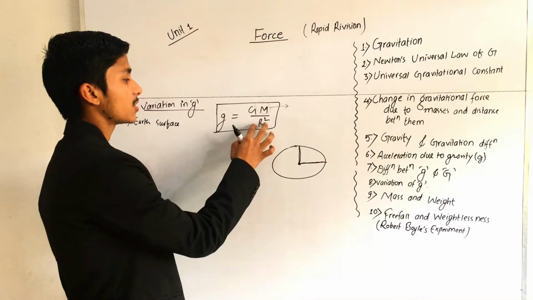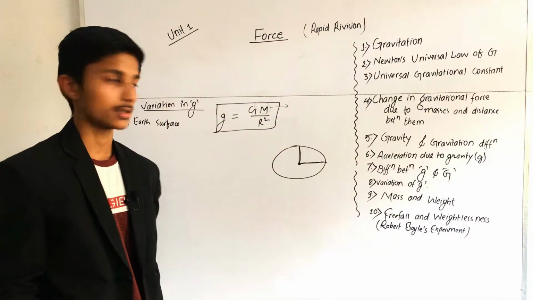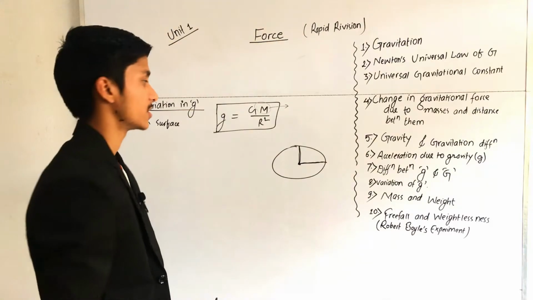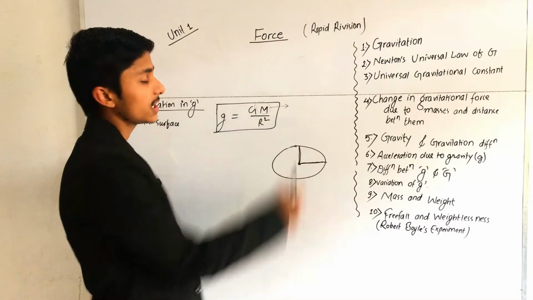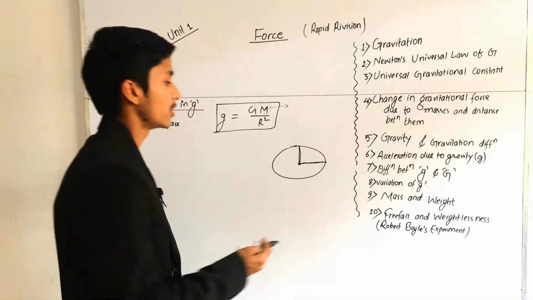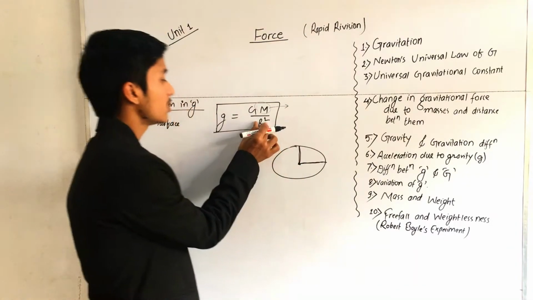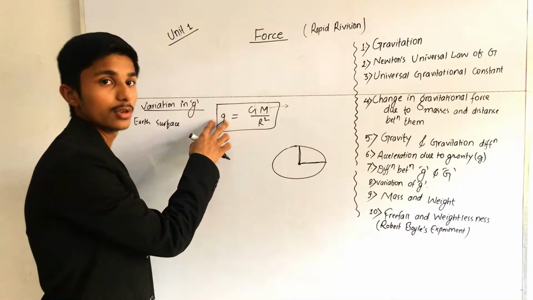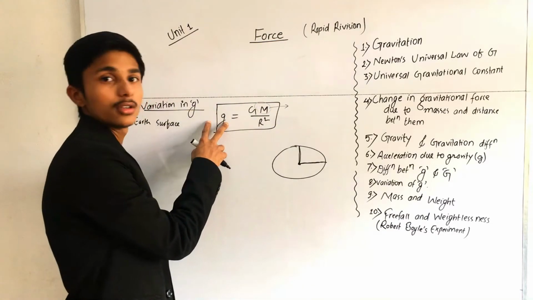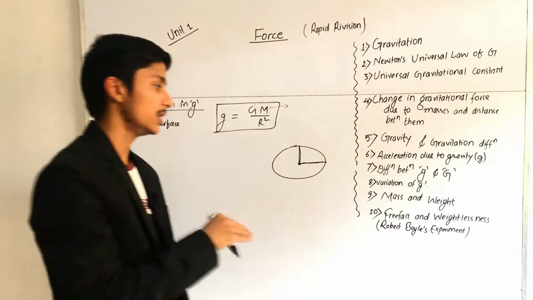It also depends upon the radius of heavenly bodies. So it is directly proportional to the mass and inversely proportional to the radius. When the radius is greater, the value of acceleration due to gravity will be less.